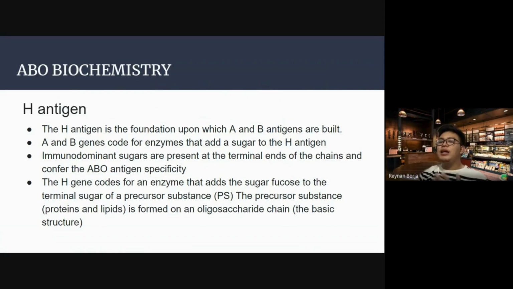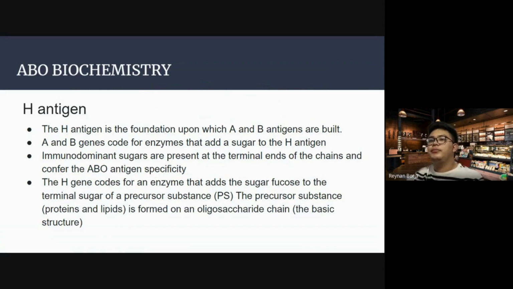Pag sinabi nating oligosaccharide, not more than 10 in chain na carbohydrates or monosaccharide units. Diba? 2 to 10 na monosaccharide units to form an oligosaccharide chain. Kaya, na-mention ko is in ABO biochemistry kasi nga connected ang ating blood chem.